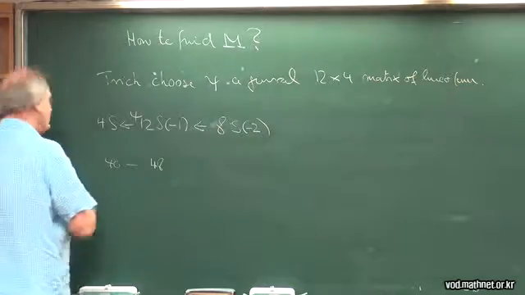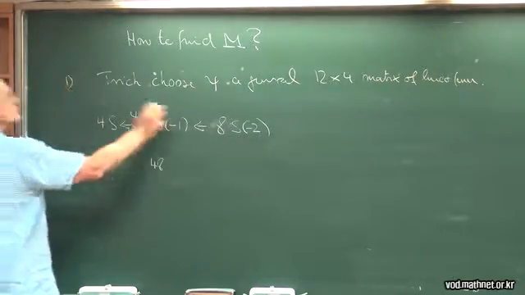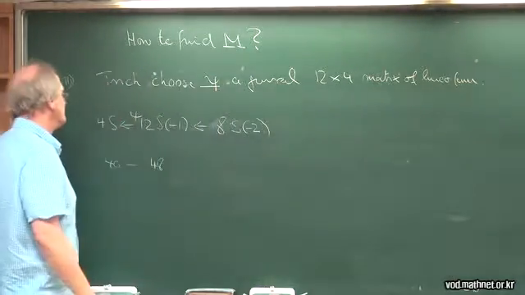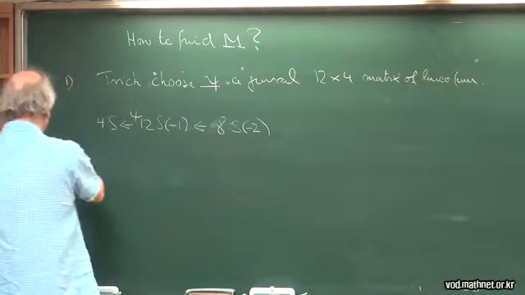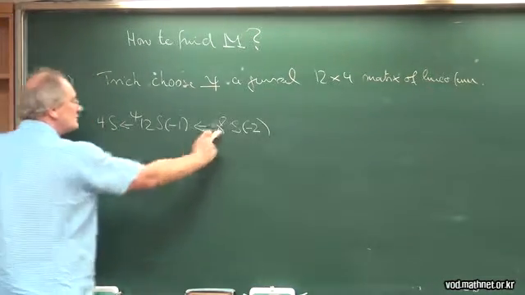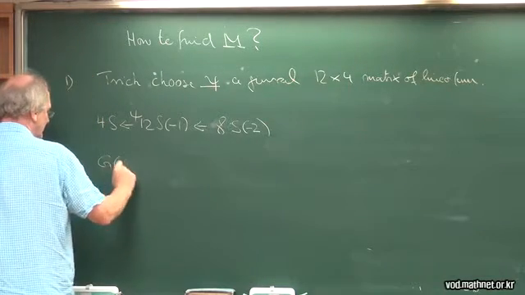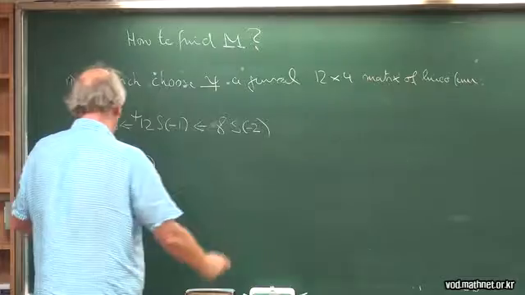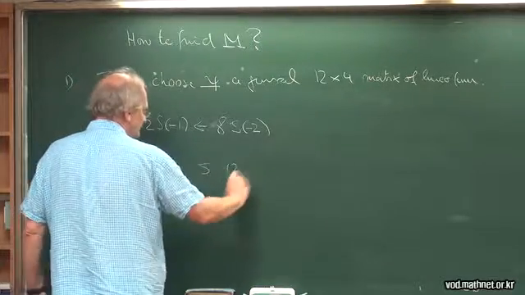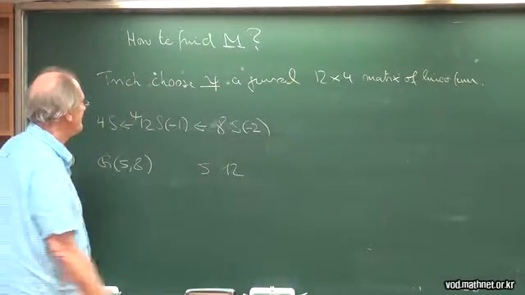So the first step is to choose C, a general 12 by 2 matrix. The second step is now to choose a 5-dimensional subspace of this 8-dimensional space and form this 5 by 12 matrix. Right?